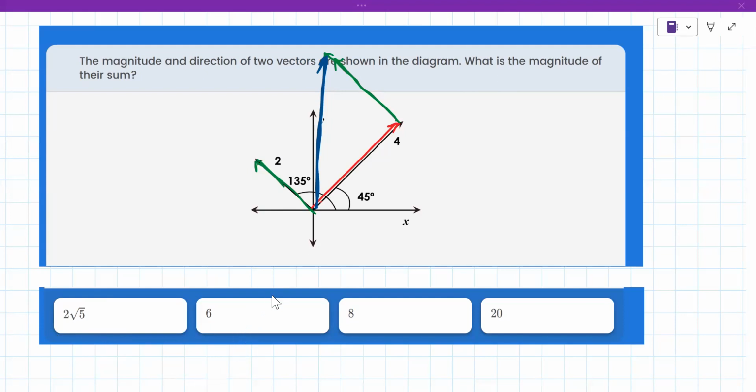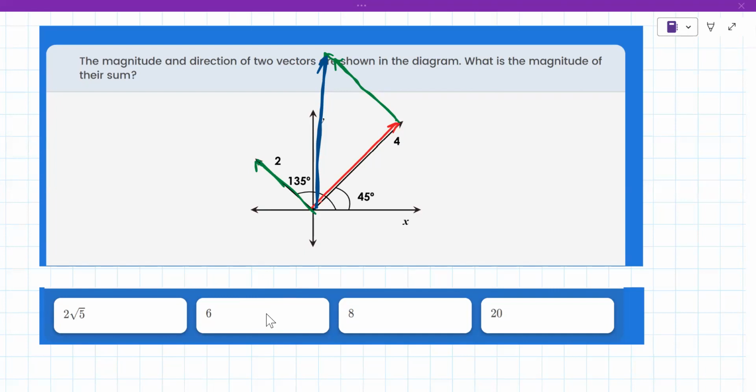Just making sure because I got a little confused. So I put in, what would I put in, like the 2 square root of 5? Sure.